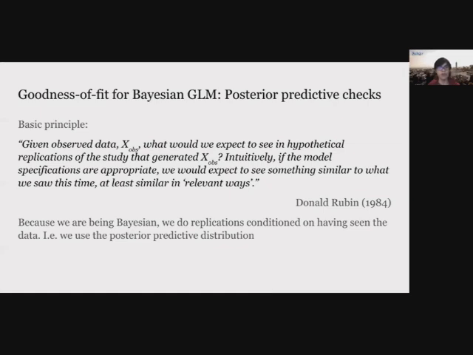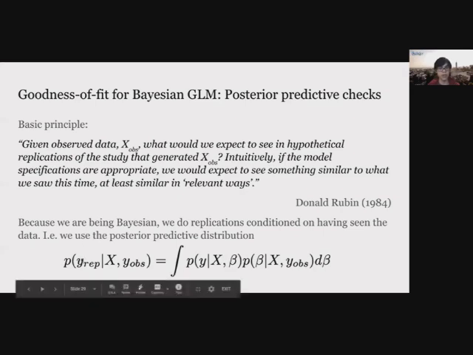And how are we going to do this? So we're Bayesian, so we want to do replications in a very specific way. What we want to do is condition on the data that we observe. In other words, we want to use the posterior predictive distribution. This is something that we talked about in the previous lecture. First, it's a distribution on the y values, so the distribution on the labels.